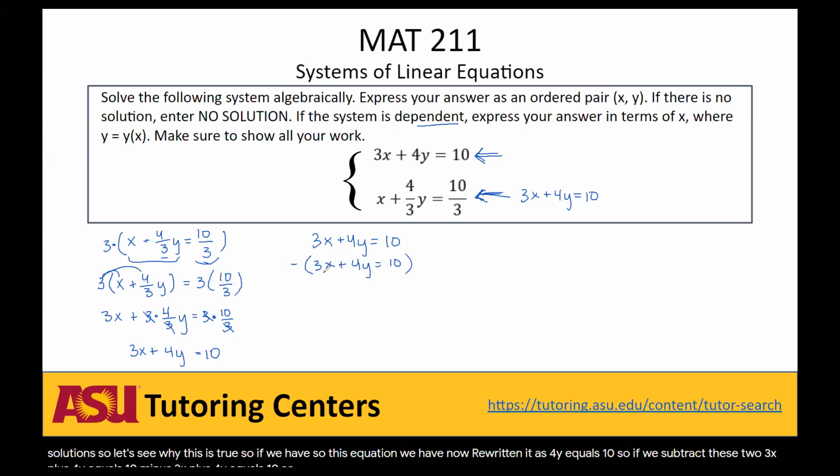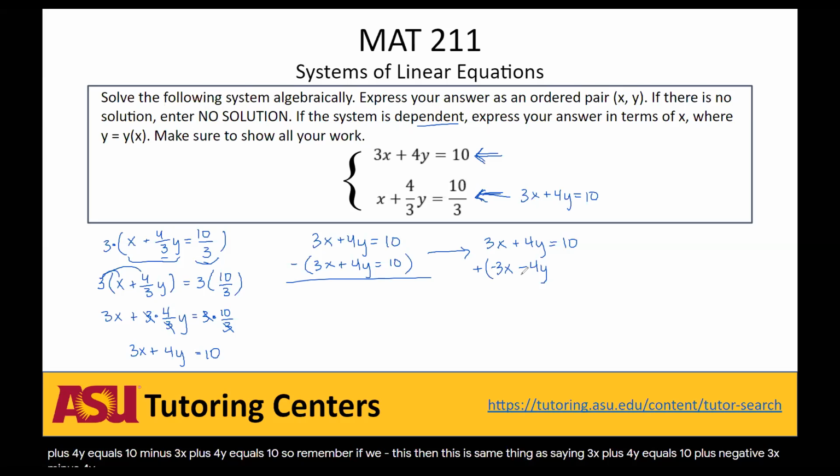So remember, if we minus this, then this is the same thing as saying 3x plus 4y equals 10 plus negative 3x minus 4y equals negative 10, right? So we're just treating this minus here like it's a negative 1, and we can just multiply that across.